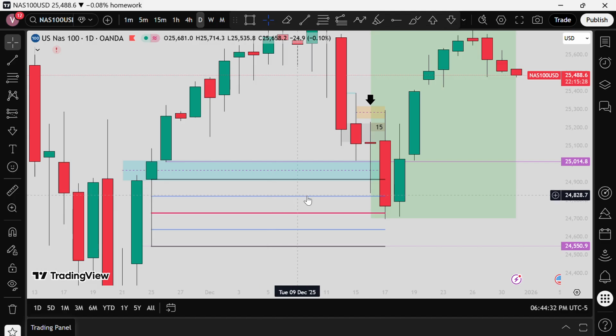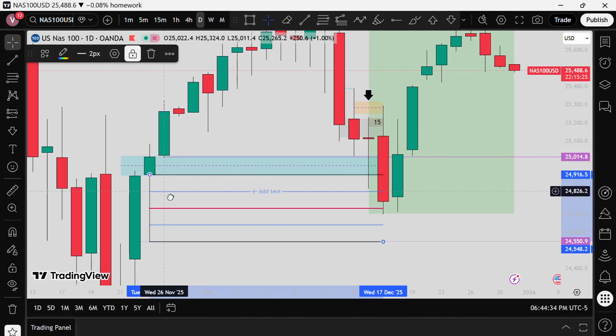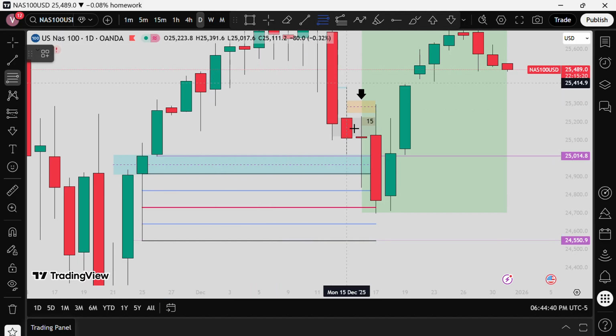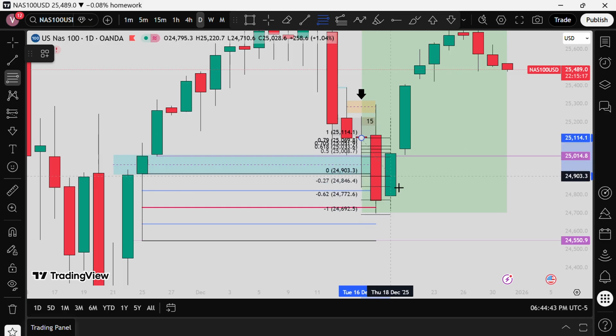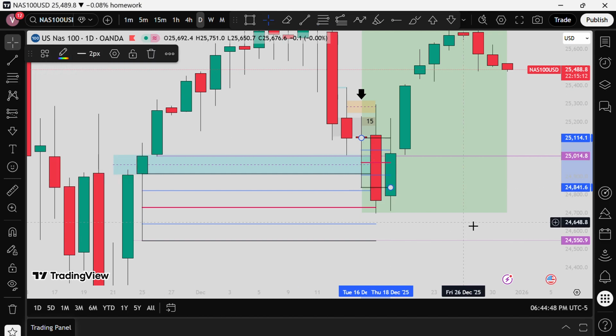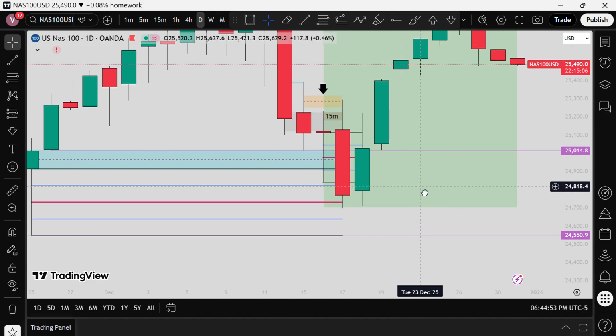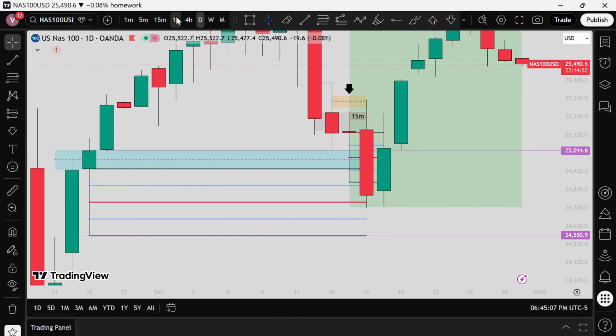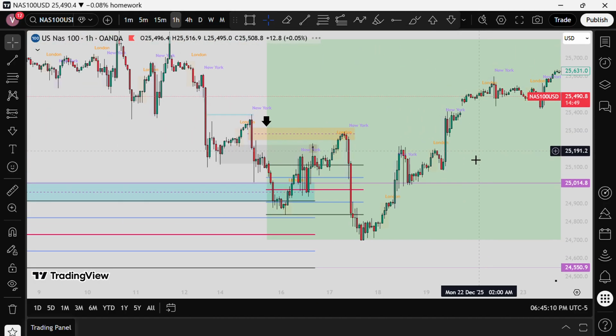What I would have done is I would have graded this candle's wick, and my draw on liquidity would have been the low of this wick and then the consequent encroachment of this bigger wick. Let's see how that pans out on lower time frames.